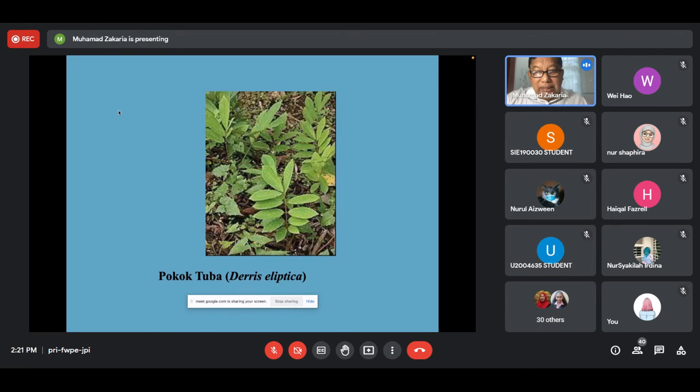So the orang asli, or some local people even today, use pokok tuba to catch fish in the river. The only problem, if you put the tuba tree in the water, many fish will get killed. Okay, how does it get killed? Because the rotenone blocks the electron transport chain. Electron transport chain is involved in respiration.